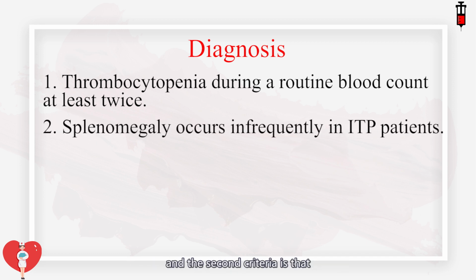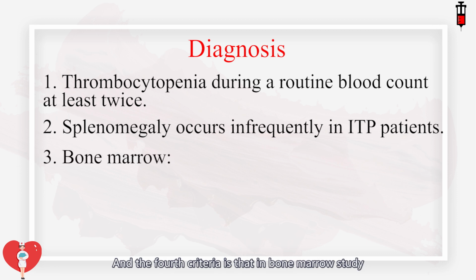The second criterion is that by microscopic studies, we cannot find other abnormalities. The third criterion is that the spleen is not enlarged. In other words, there is no splenomegaly. If the spleen is enlarged, you have to consider other diagnoses first.